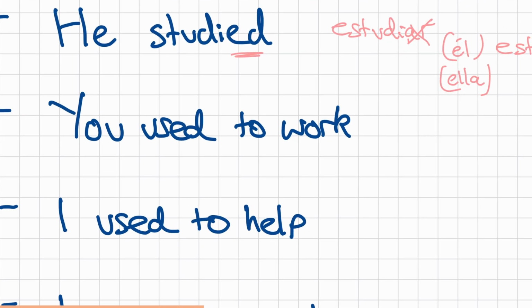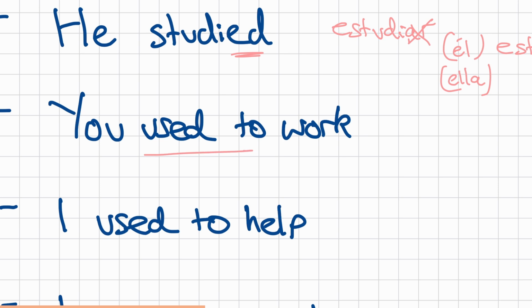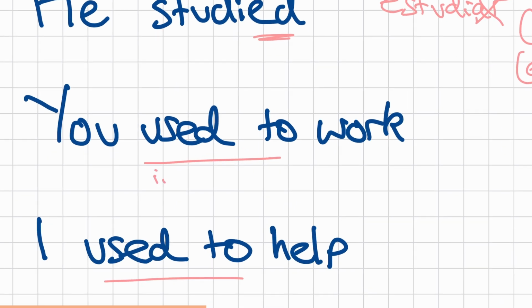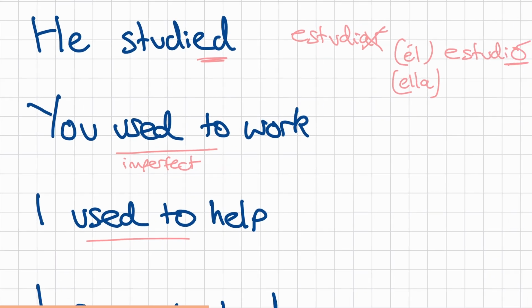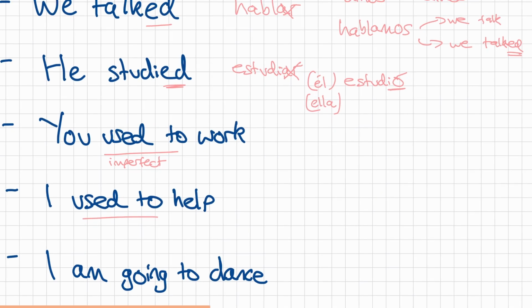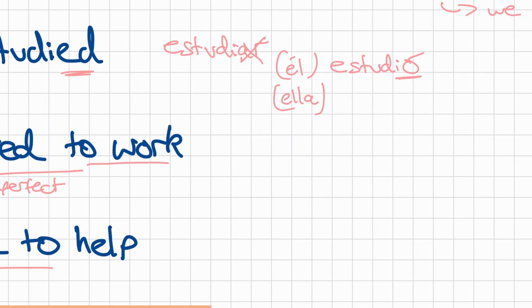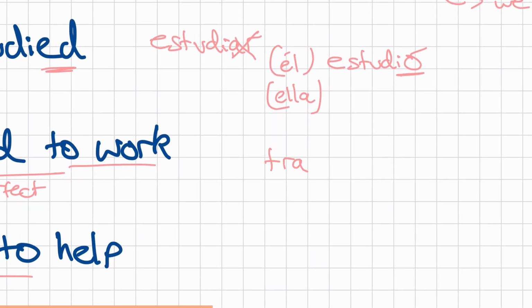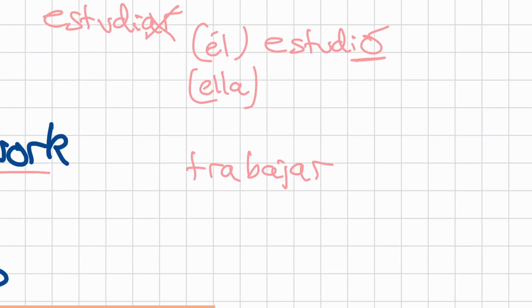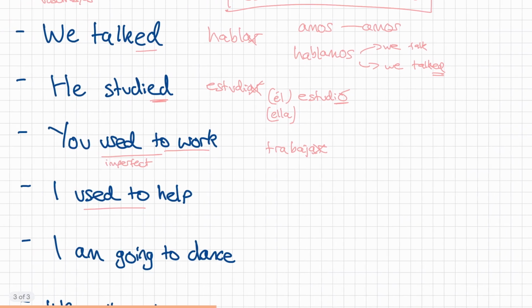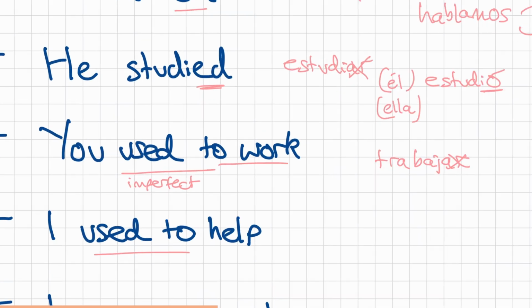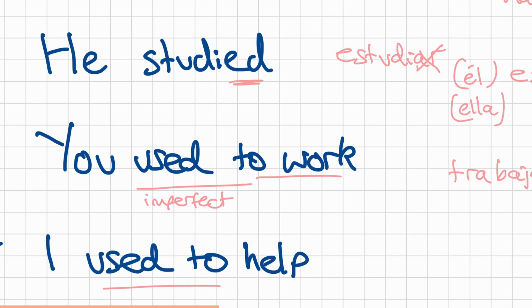You used to work. So again, we see the words here, used to. Now we know this is the imperfect tense. I'm going to write down here imperfect. This is normally the aba ending for the AR ones. Abas is that one here. So you used to work, trabajar. Let me write down trabajar is to work. Get rid of the last two letters. Now, is it he or she? It's you. This is you singular, not you guys, just one person.